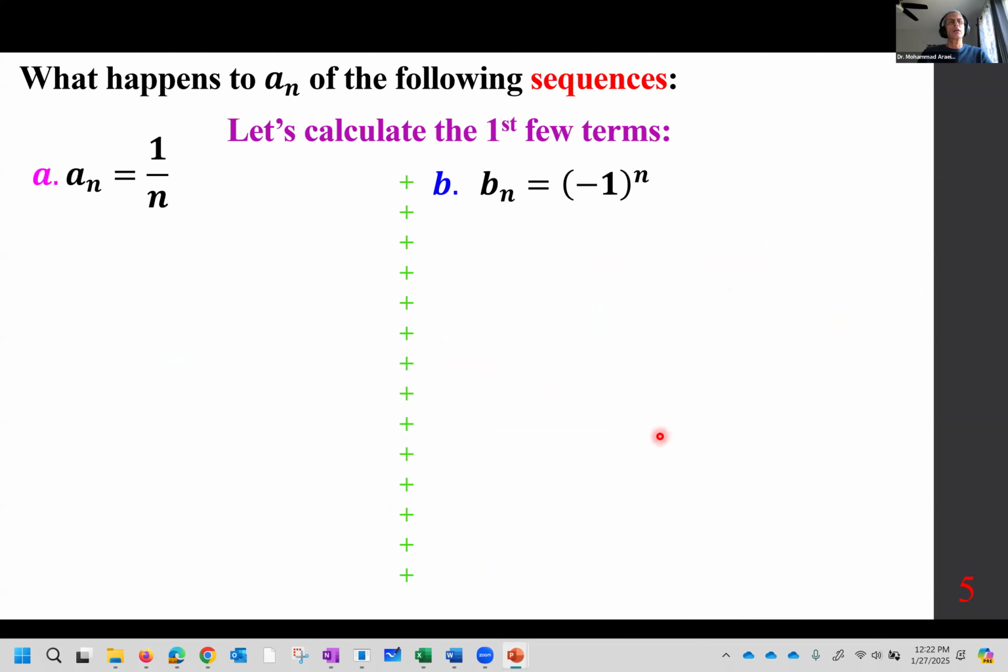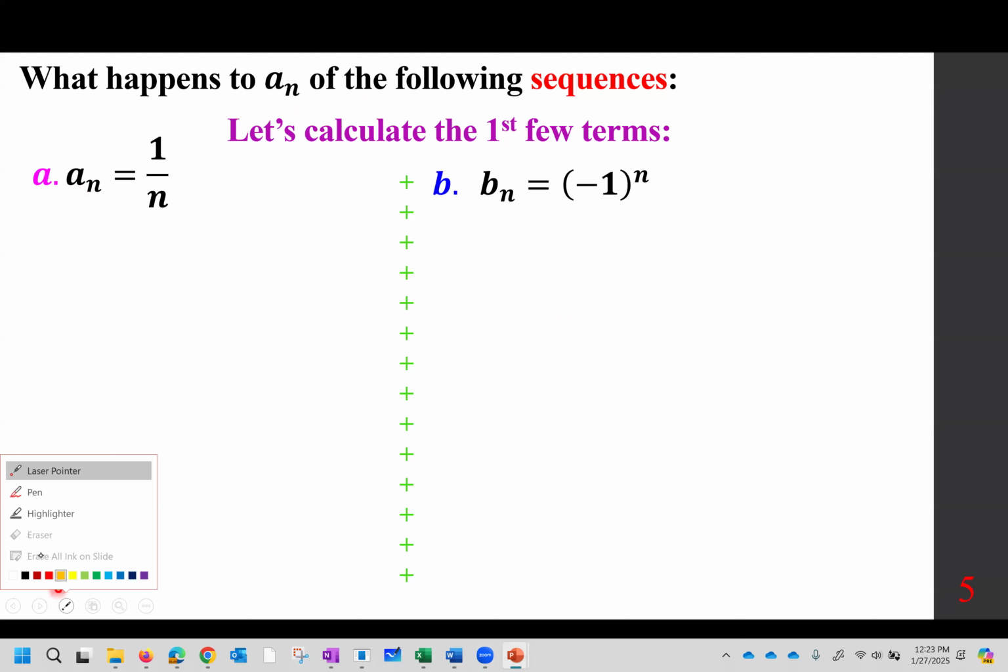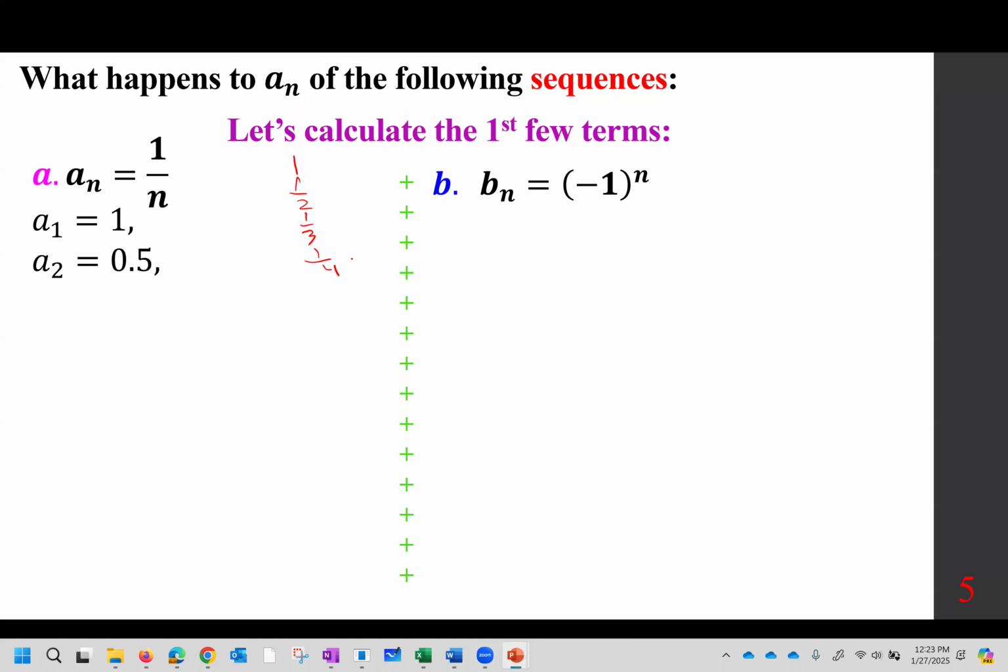Now, let's actually look at an example here. What happens to A sub n in these two cases? Part A: A sub n is 1 over n. So you plug in, and I hope you see that first I get 1 over 1, which is 1, then I get 1 over 2, then 1 over 3, then 1 over 4, and it's getting smaller and smaller.